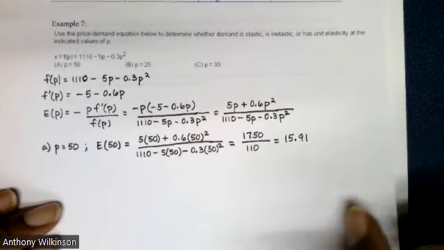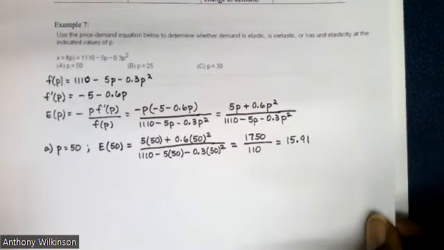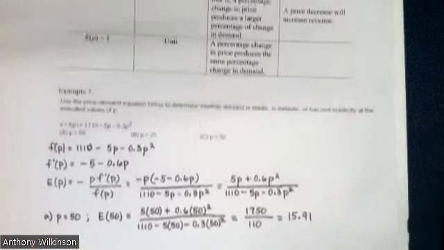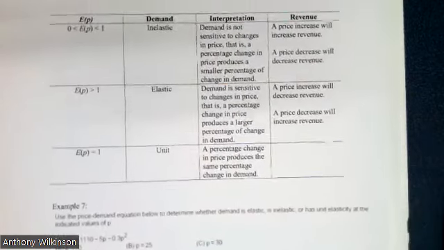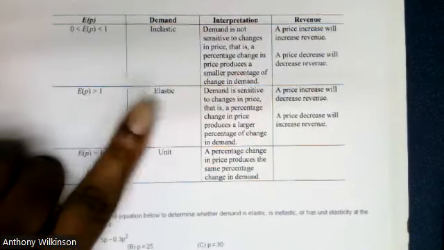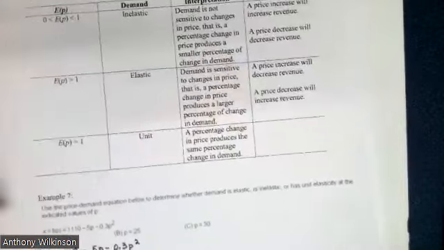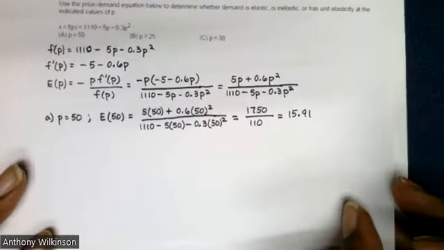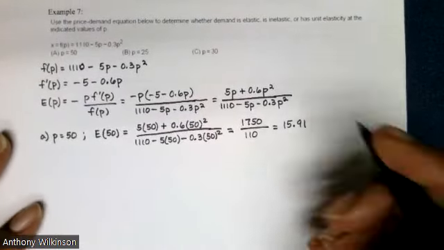And now I have to use that to determine whether I have a demand that's elastic, inelastic, or unit elasticity. Well, notice that 15.91 is greater than 1. So that means that the demand will be elastic.